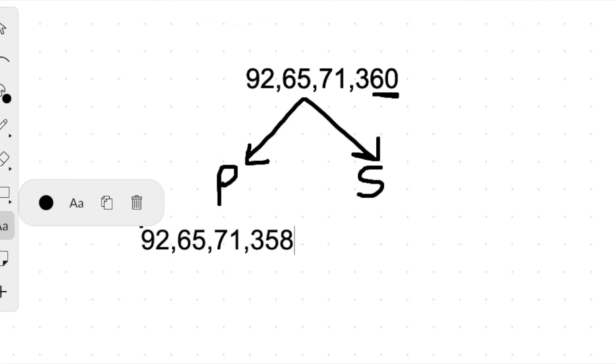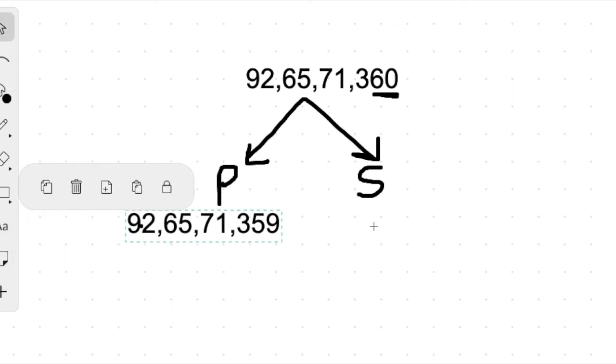Isn't it 58? Yes, you're right. It's not 58. That is 59 because it is just one back. So it is 59.